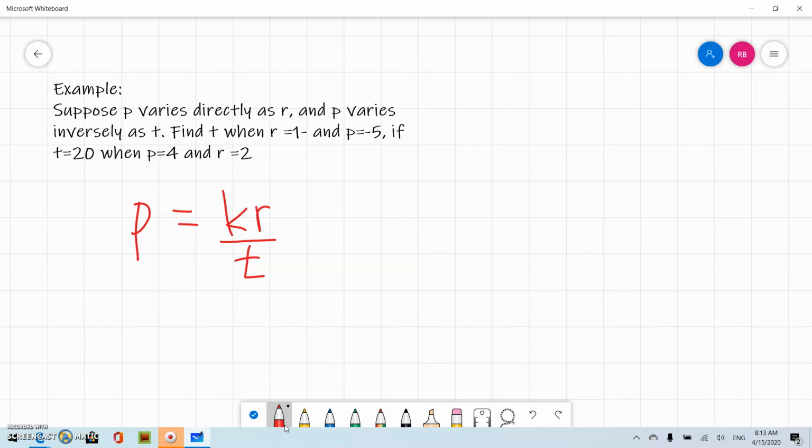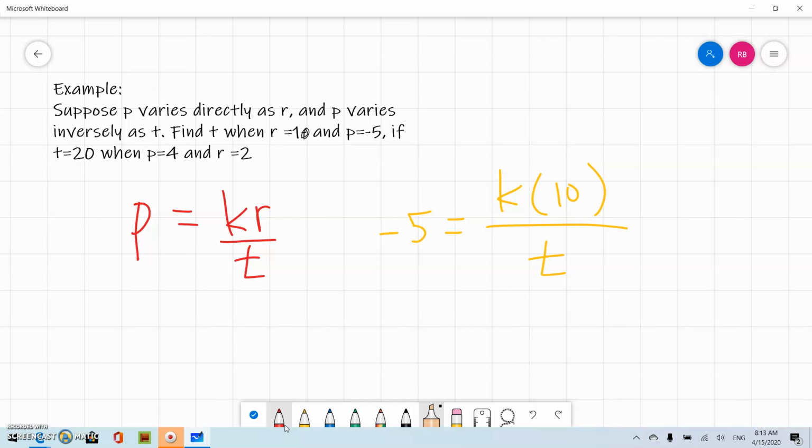Then it says find t when r is equal to 10. Sorry, what a typo. So let's find k first. P is -5 and k I don't know, R is 10 and this is what we want to find.